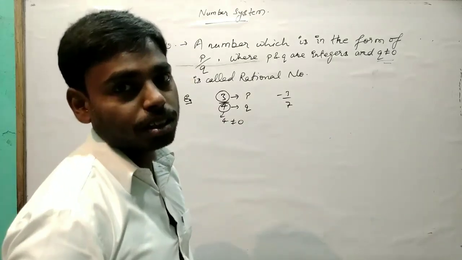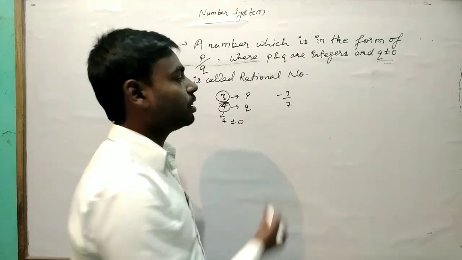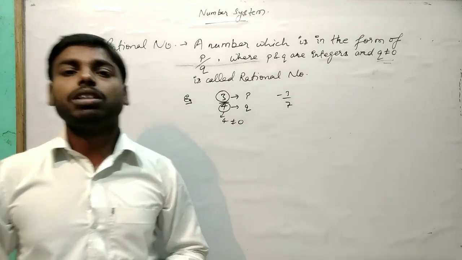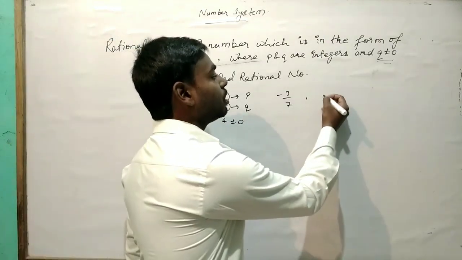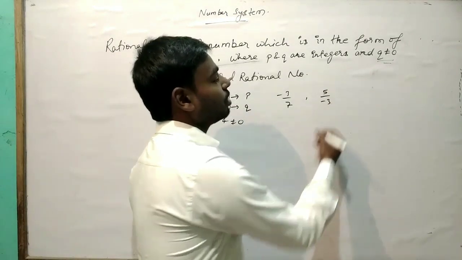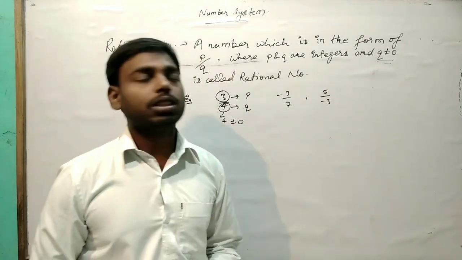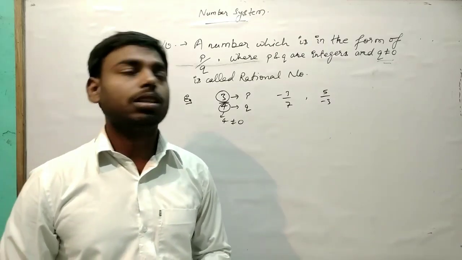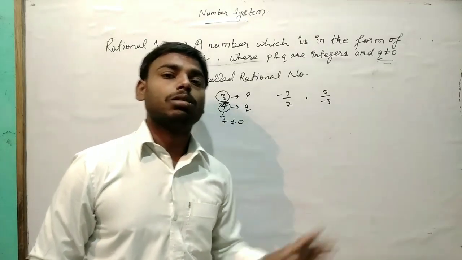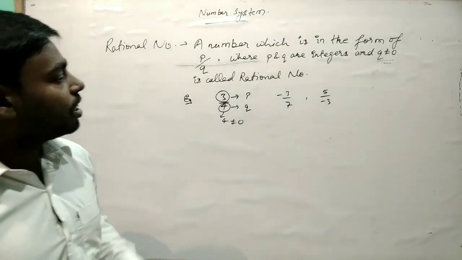This is also a rational number because minus 3 is an integer and 7 is also an integer, and 7 is not equal to 0. Next example, 5 by minus 3. This is also a rational number because 5 is an integer and minus 3 is also an integer, and minus 3 is not equal to 0. So it is a rational number.